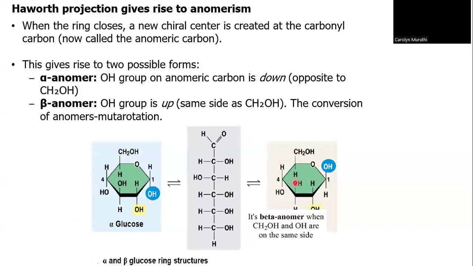And for beta anomer, the hydroxy group and the carbon number 6, that is CH2OH, are on the same side. And the conversion of these anomers from alpha to beta or from beta to alpha is known as mutarotation.